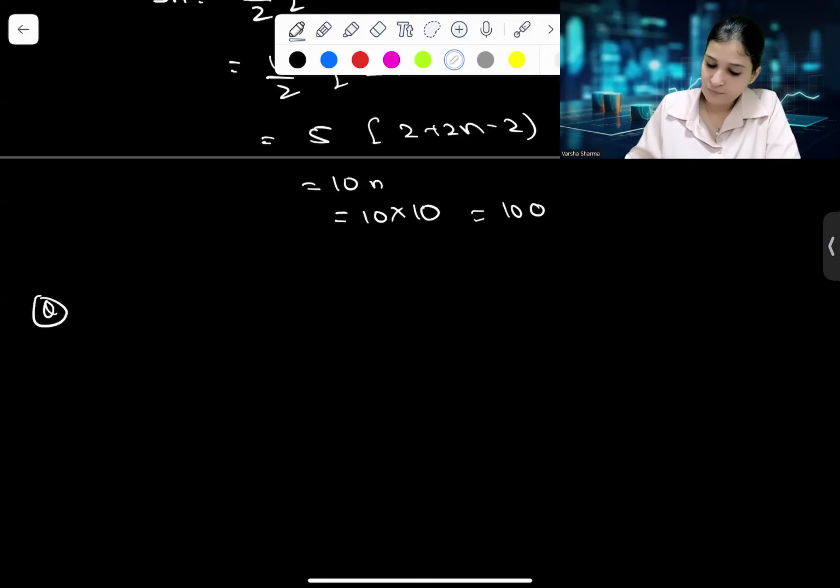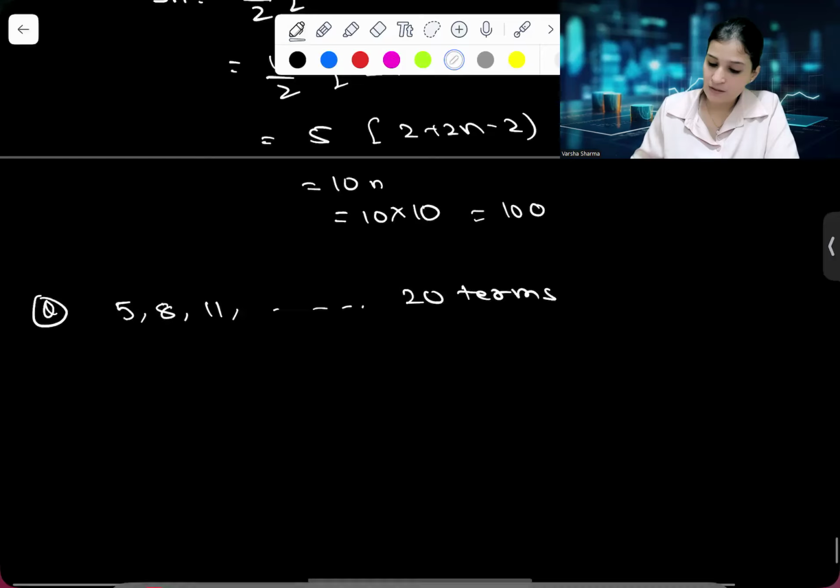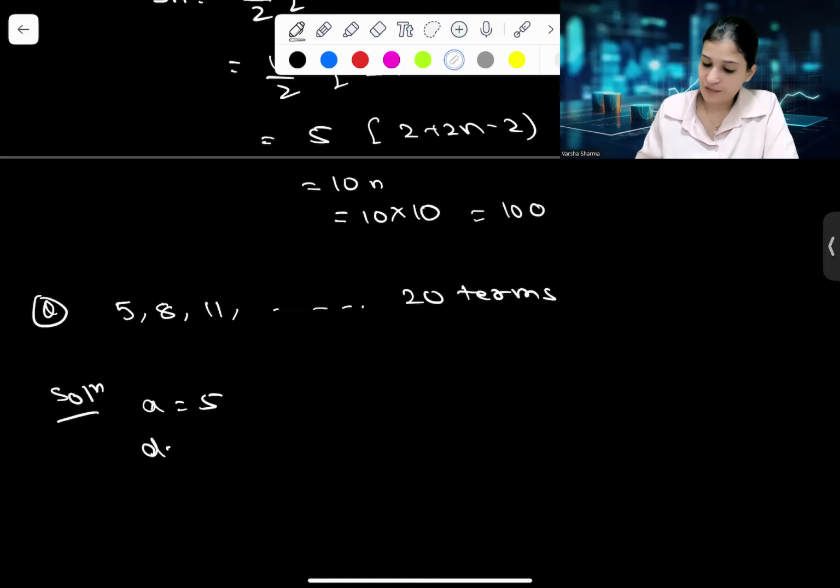Question. 5, 8, 11, up to 20 terms. Here, A is 5. Common difference is 8 minus 5, 3.